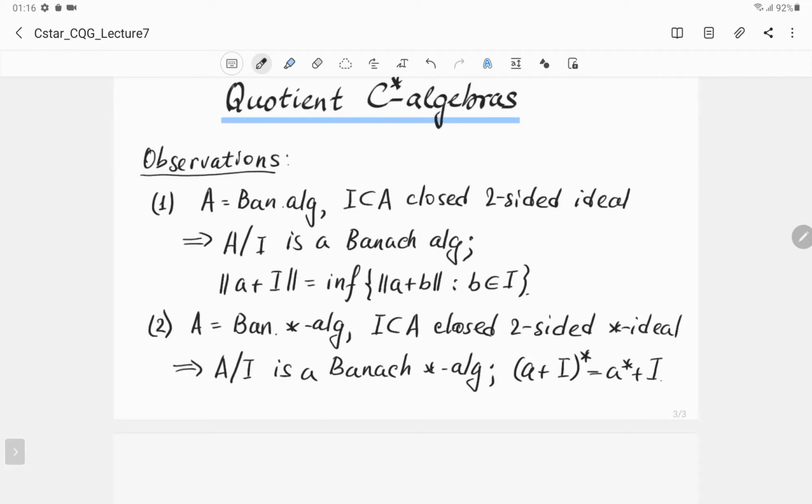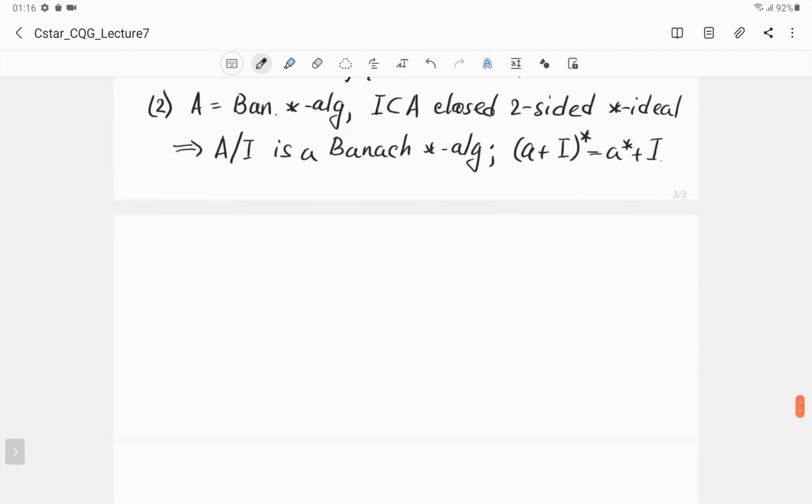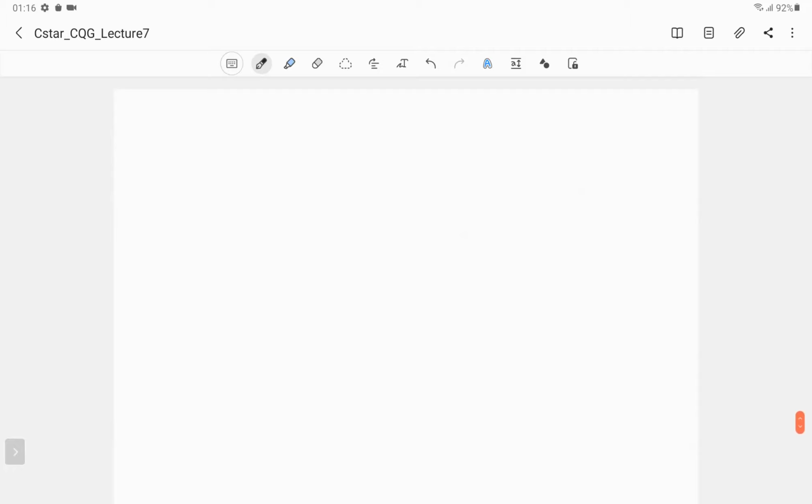And now the natural question is, what if A is a C-star algebra? Can we claim that the quotient of A modulo I is also a C-star algebra? The answer is yes, but quite surprisingly, the proof of this fact is not entirely trivial. And the proof will be based on approximate identities. So first of all, we need the following lemma.